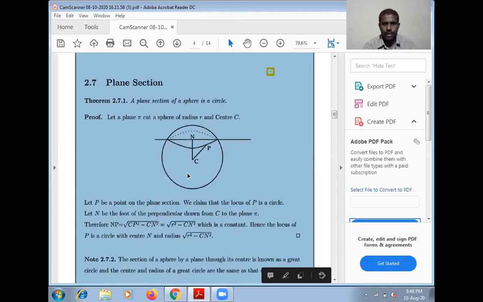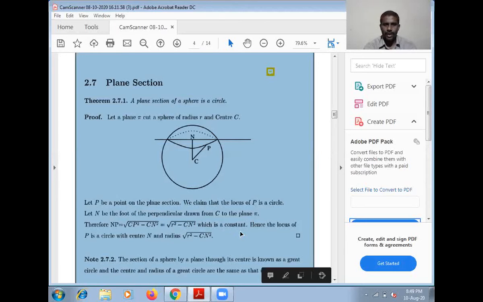But cp is the radius of the sphere, because p is on the sphere and c is the center of the sphere. So cp equals r. So np equals root of r square minus cn square, which is a constant.